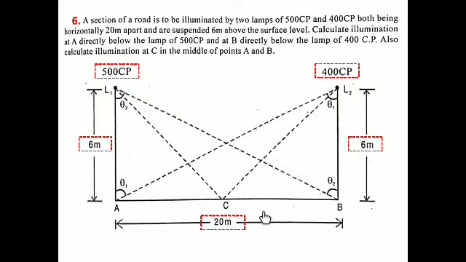So three areas are located here. A is nothing but below lamp 1. B is nothing but below lamp 2. C is nothing but the center point between lamp 1 and lamp 2. That is, A here below lamp 1, B here below lamp 2, then C is here, which is the center portion between lamp 1 and 2.